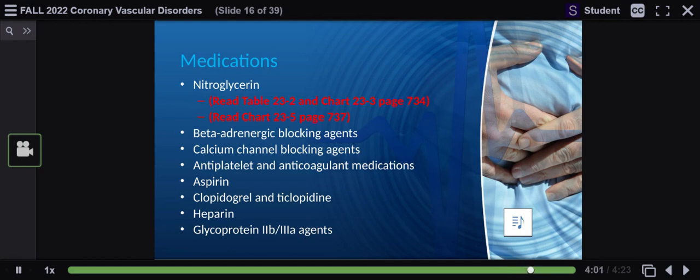Lastly, you want to give your oxygen, and this is usually initiated at the onset of chest pain, in an attempt to increase the amount of oxygen delivered to the myocardium and to decrease pain. So these are actually the most important medications that you need to give when the patient has angina or CAD.